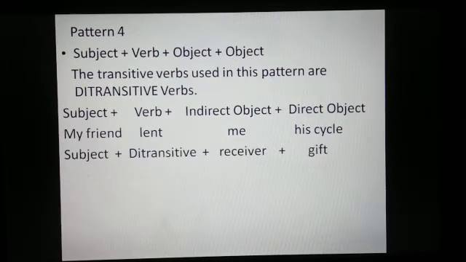Here, my friend is the subject, lent is the ditransitive verb, me is the indirect object, which is the receiver, and his cycle is the direct object, which is the gift.